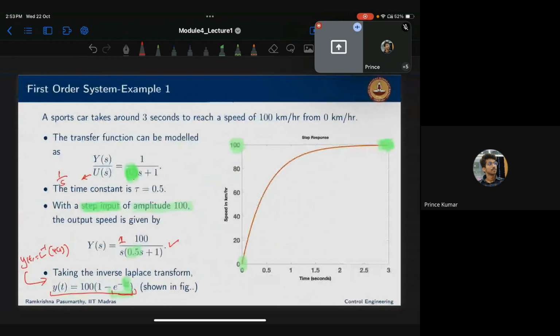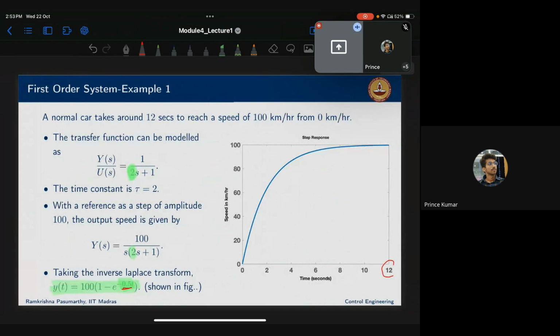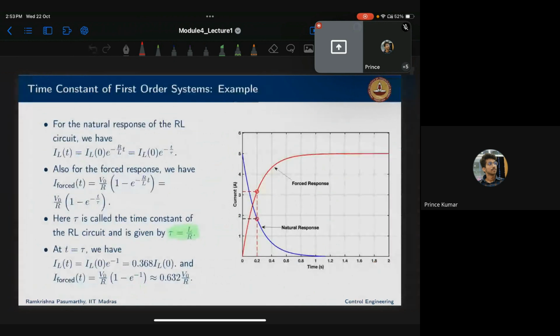Previously tau was 0.5, so it reached the response in 3 seconds itself, whereas now it is reaching 100 at 12 seconds, because when tau is very high, the response is slower. That is the main indication of tau. It decides how fast or how slow your response is. That is for the first order system.